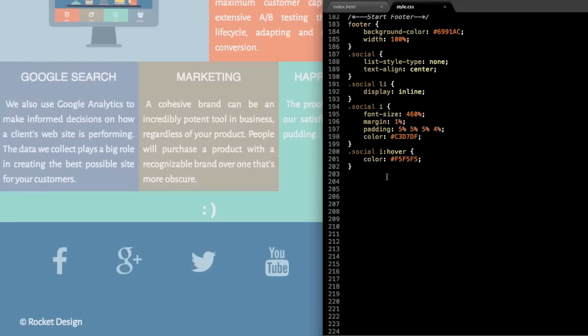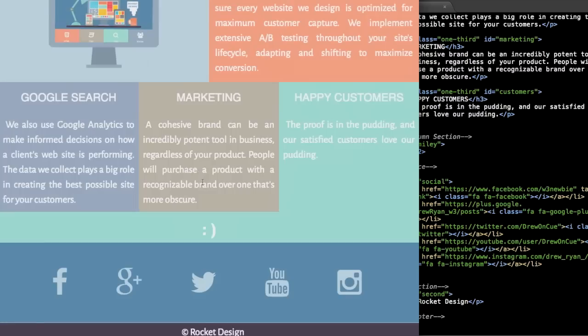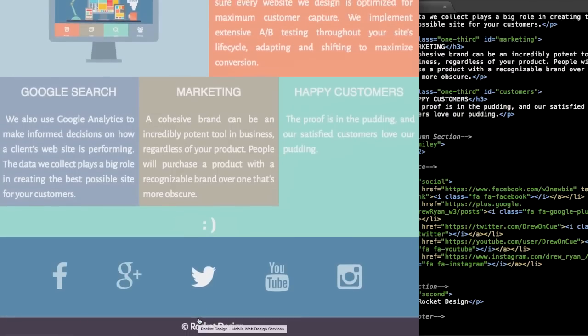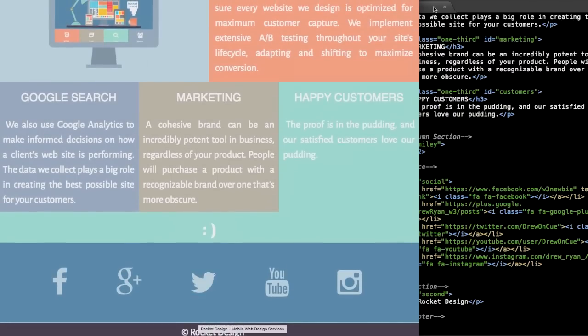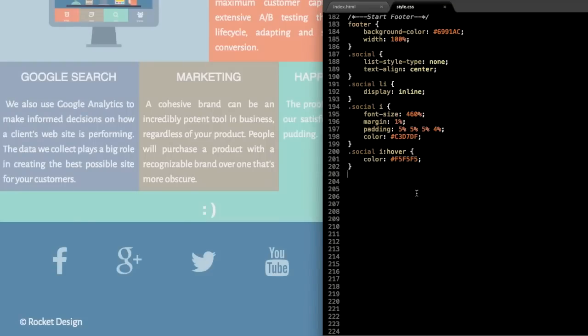Now let's do the socket, as some people would call it, which is the very bottom section. We just are calling this footer class second for the little purple rocket design copyright thing at the bottom, and it has a tiny mint green border on the top, which I'll show you here in a second.